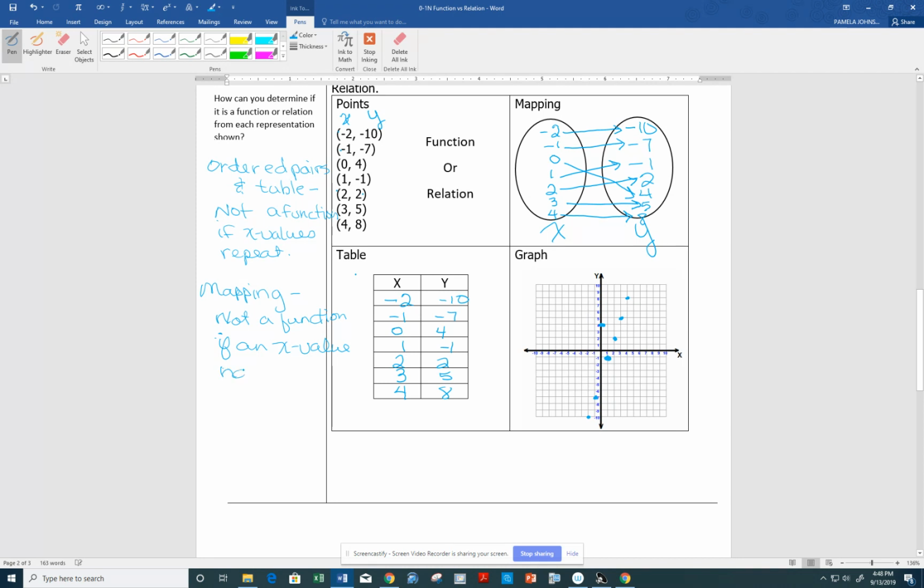And then for the graph, it's not a function if it doesn't pass the vertical line test. Okay. Hope y'all remember the vertical line test. That's the one where you literally draw a vertical line, and if it hits more than one point, it's not a function. Oh, I did something wrong here.